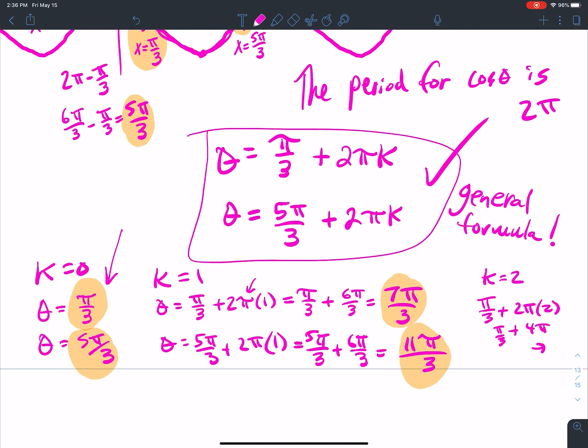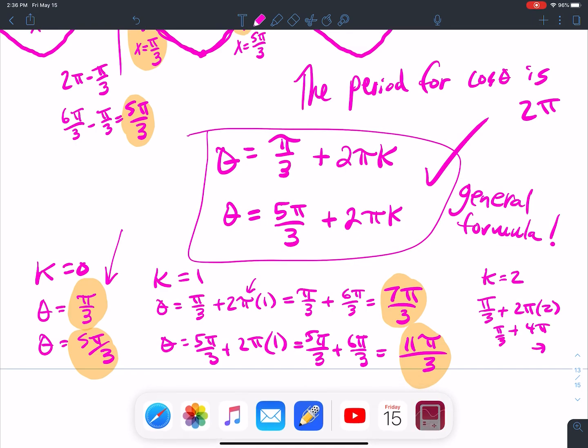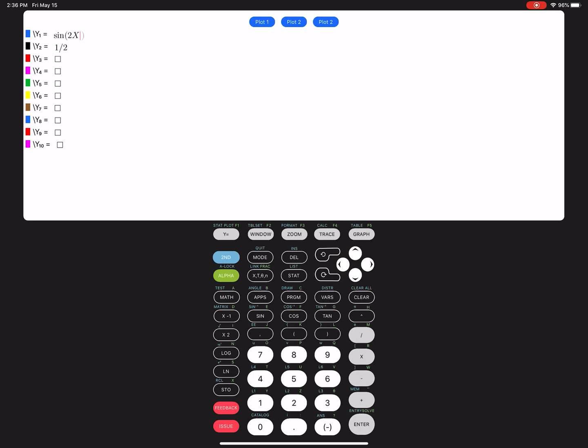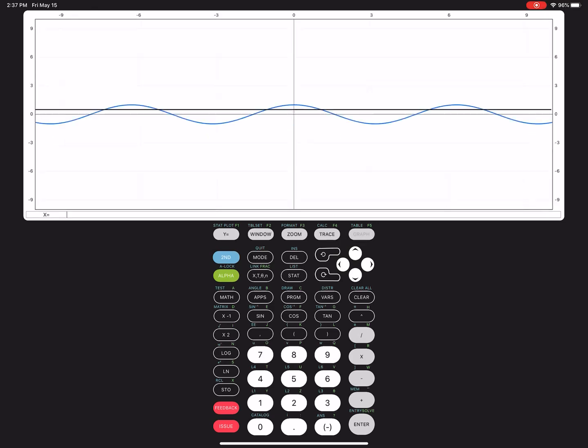I want to show you last just how to do this in your calculator. You can graph these. I'm going to do the cosine of x for the first graph, and 1/2 for the second graph, and graph it. Then you can see that clearly there are solutions.